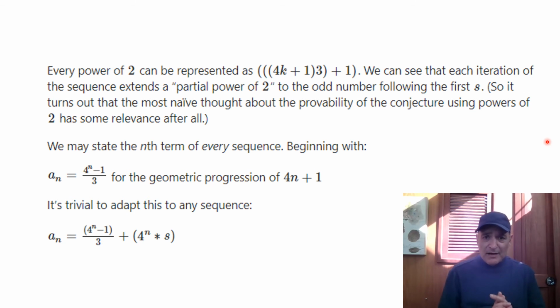This really, again, so any 4k plus 1, and so I've changed s to k, any 4k plus 1 multiplied by 3s, multiplied by 3 plus 1 is going to be a potential power of 2.